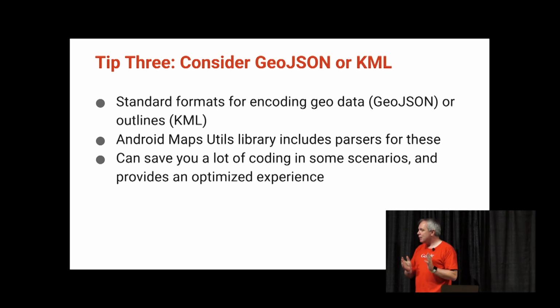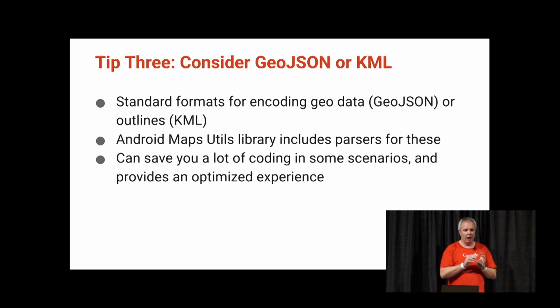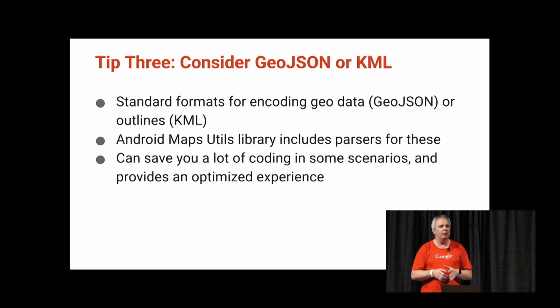Okay, so tip number 3 is to consider GeoJSON or KML. Now, anybody using either of these at the moment? Nobody. Okay. So for some types of applications, and I'm going to demo one in a moment, I have an application which plots all of the earthquakes that happened on planet Earth in the last 24 hours.